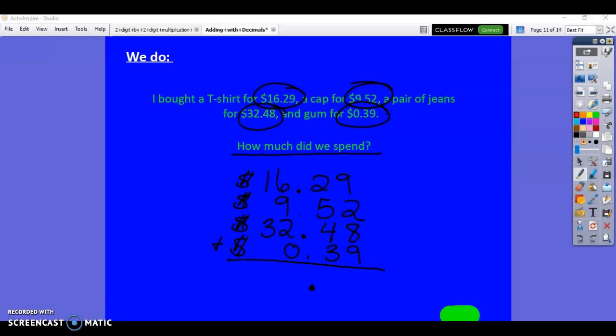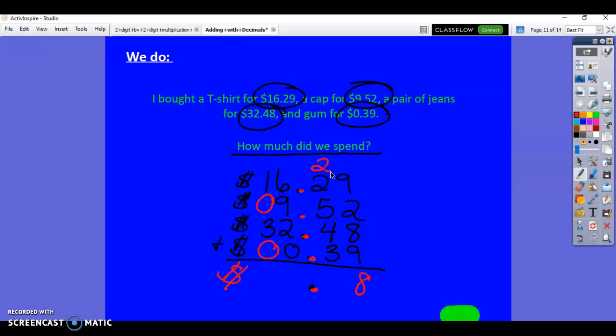Okay, so you should have had $16.29, $9.52, $32.48, and 39 cents. Again, that's step 3. Add in those zeros where you might need to, just to make sure that all of your decimals are lined up, and bring down your $2. When you add them up, 9 plus 2 is 11, plus 8 is 19, and then you have 28, which is here.